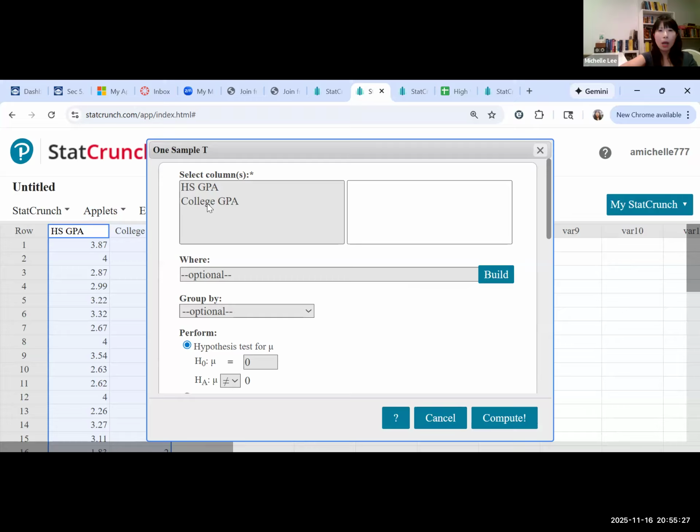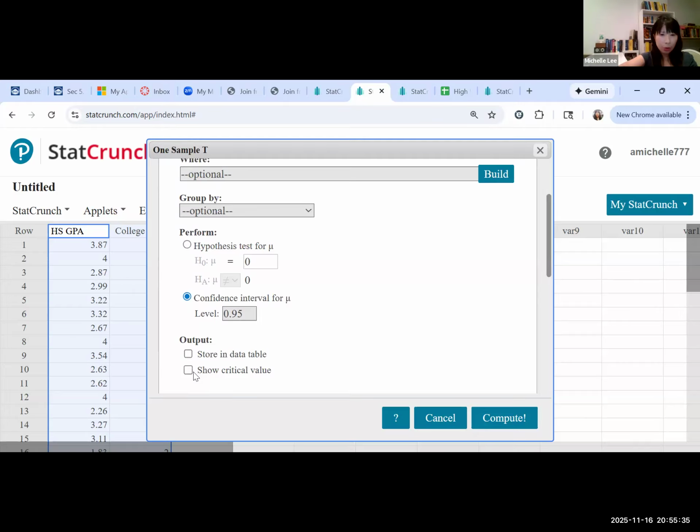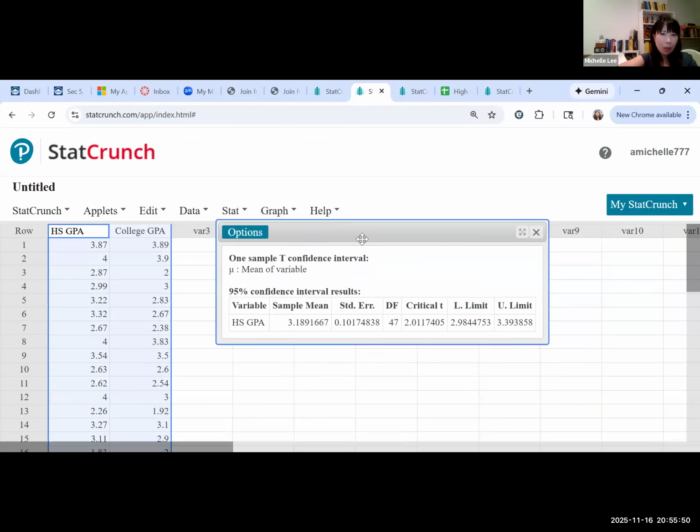The first one, high school GPA, right? And then we want to know about the confidence interval. Yeah, if we want to know about the margin of error, yeah, the T score, the T value. Okay, let's compute. All right.